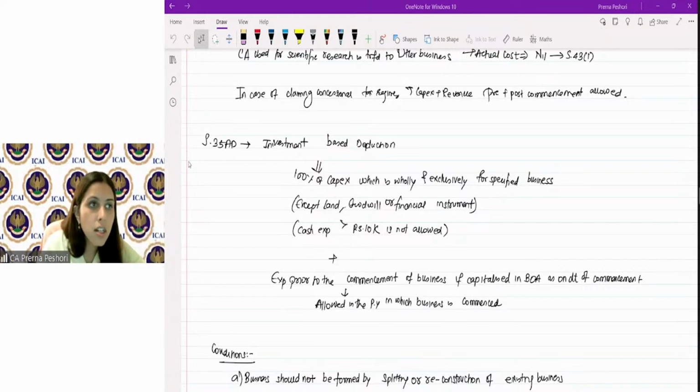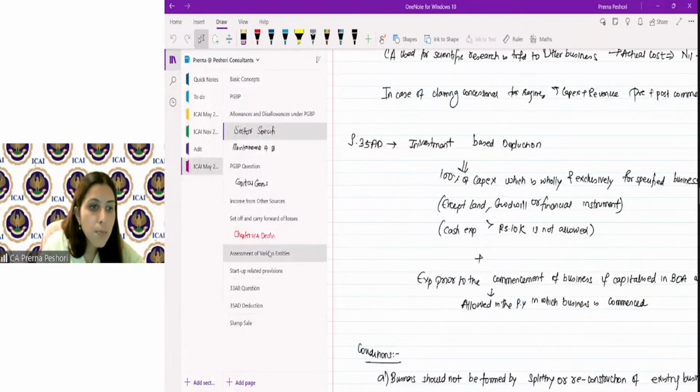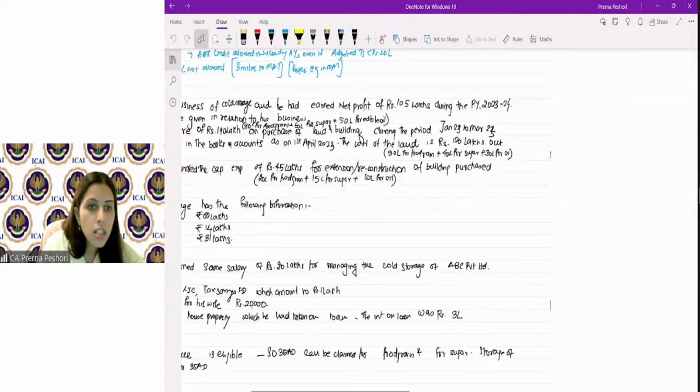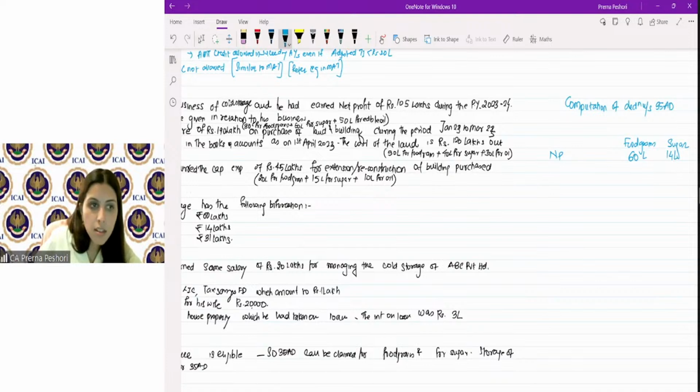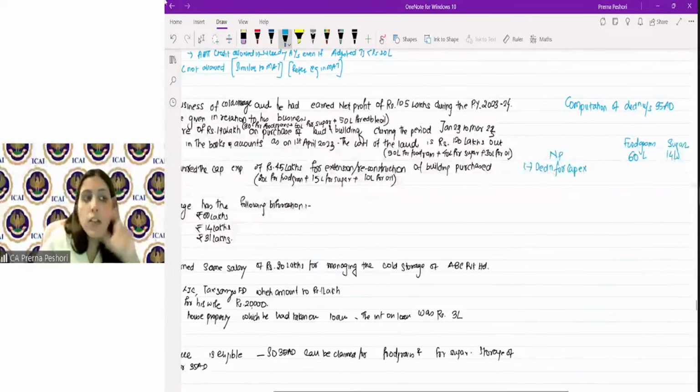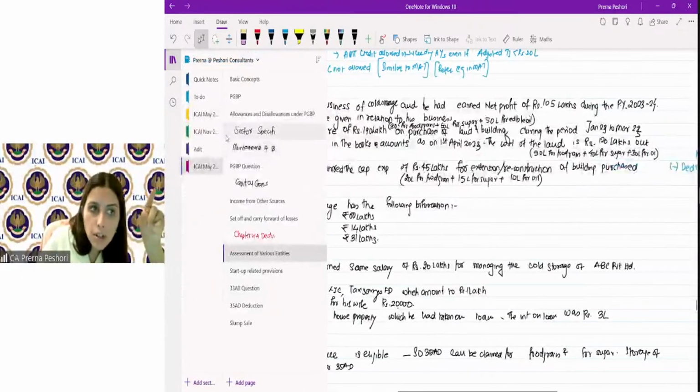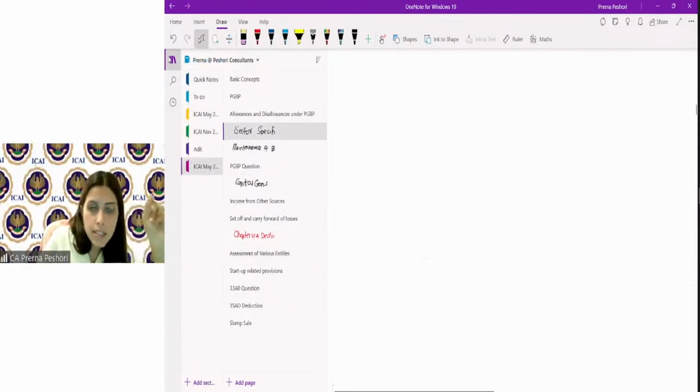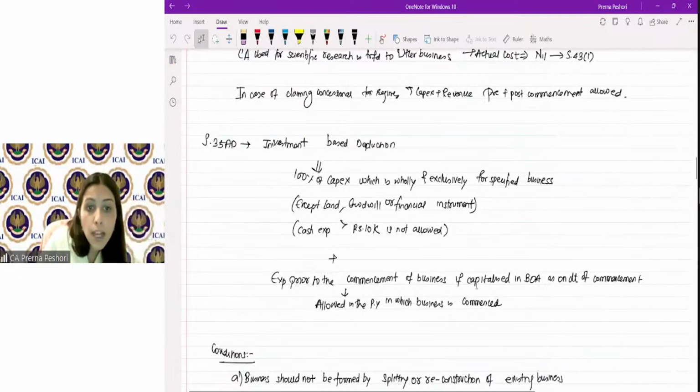So here, in this particular question, what will happen is, this is for food grains. So less deduction for capital expenditure. Now the capital expenditure which has been incurred prior to the business commencement will also be allowed if it is capitalized in the books of account as on the date of commencement of business.